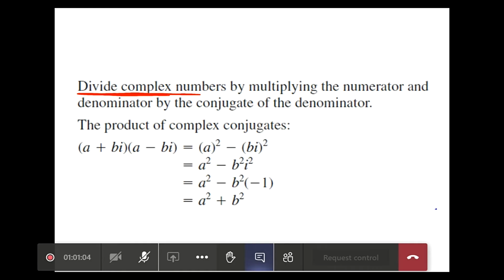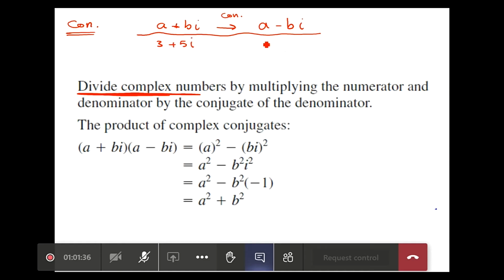The conjugate of a complex number a plus bi equals a minus bi. Okay, for example, if we have 3 plus 5i, the conjugate is 3 minus 5i.